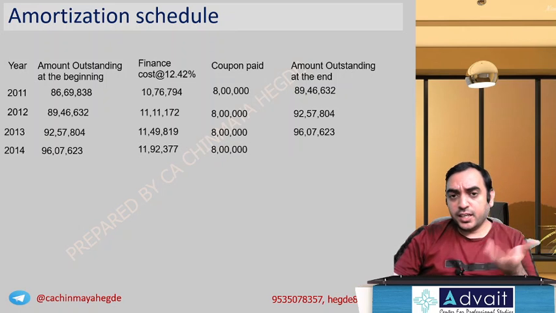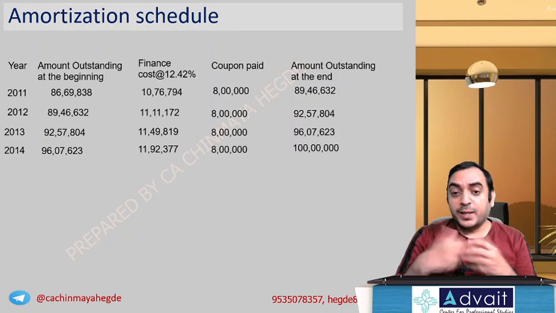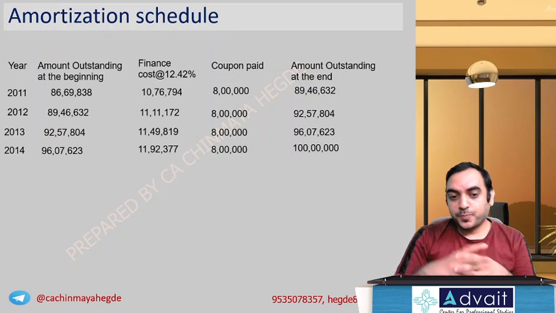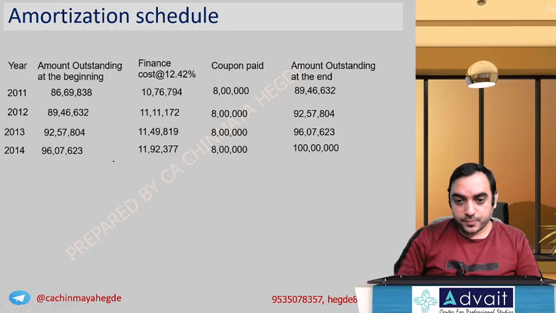Last year, if you apply 12.42%, you get an approximate number, but please round it off. So the balancing figure is 11 lakh 92,377, correct? And ultimately you will reach 100 lakhs. That's what happened here. Please see if you are able to do it till here.